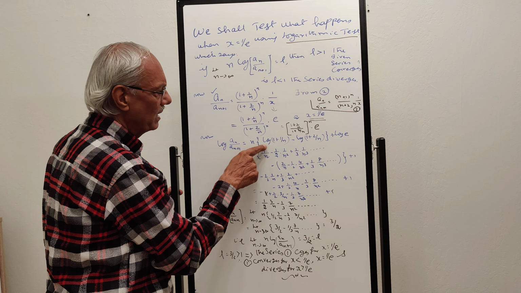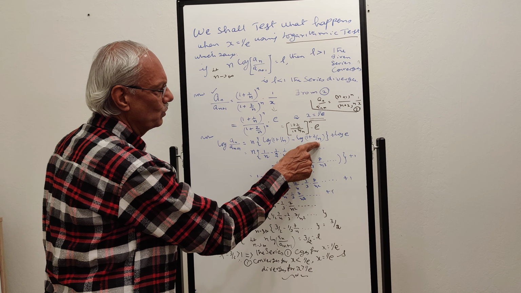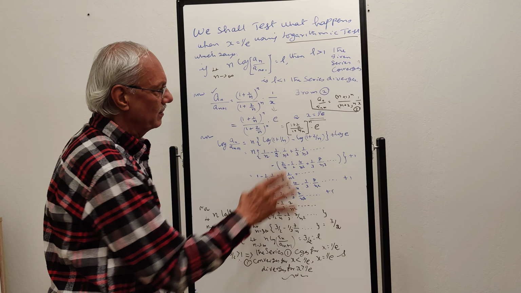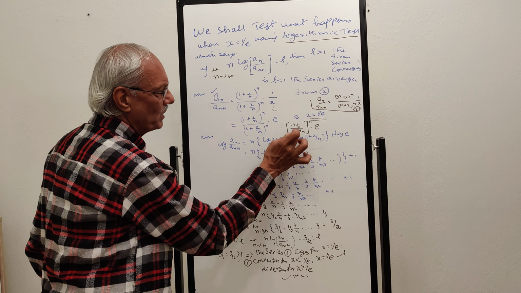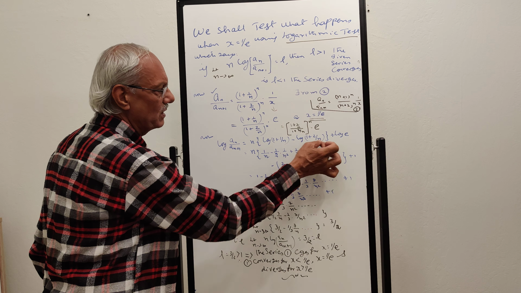Log of a by b is log of 1 plus 1 by n minus log of 1 plus 2 by n. Log of ab is log a plus log b, but here you have got the log a by b form, therefore write it as log a minus log b.